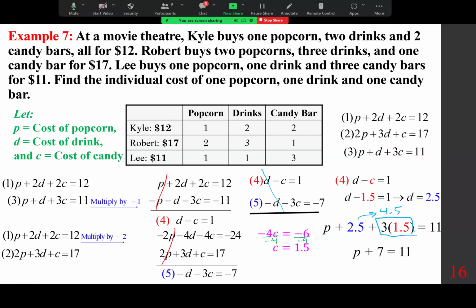Subtract 7, P becomes 4. So P is $4. D is $2.5. And C is $1.5. Those are the costs of popcorn, drink, and candy.